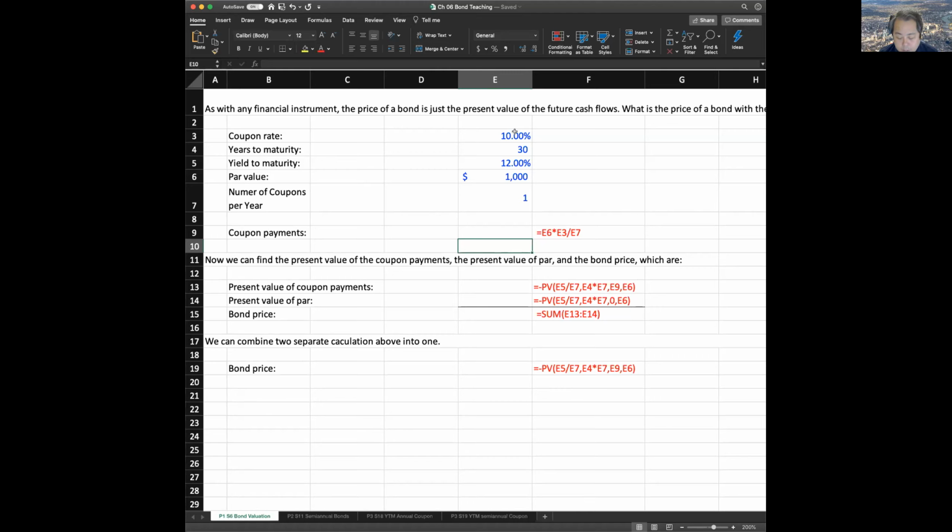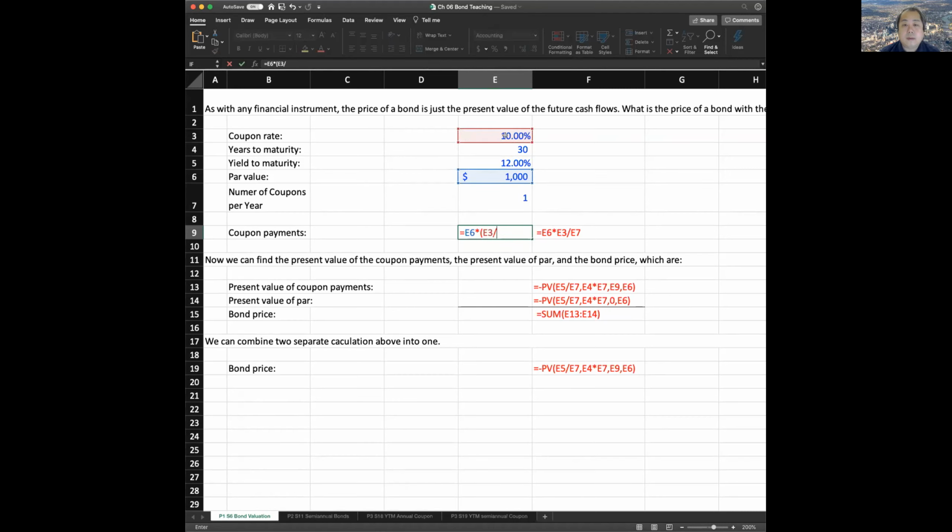Coupon rate 10%, years to maturity 30 years, yield to maturity 12%, $1,000 par value, and number of coupons per year will be 1. Then the coupon payment will be the par value times the coupon rate.